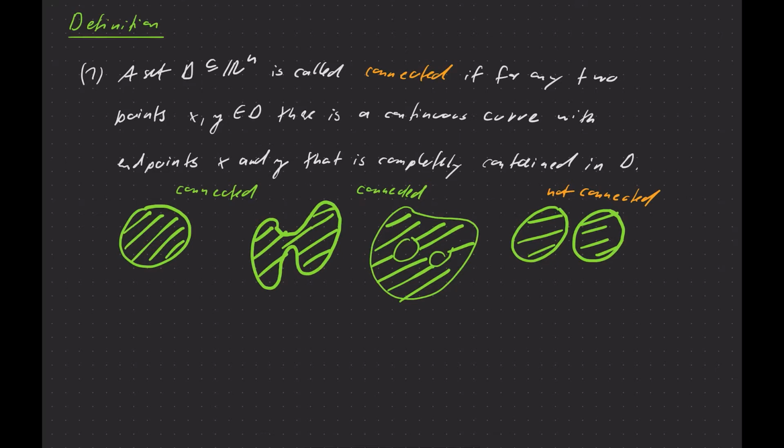Okay, so that's the natural domain for a vector field. And let's define what a vector field is. So that's part 2 of that definition. Let D be a subset of R^n, and let that be connected.